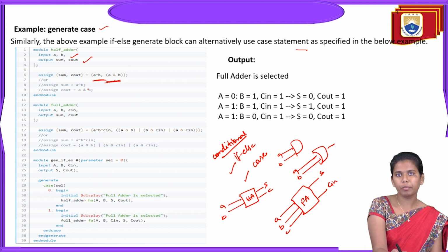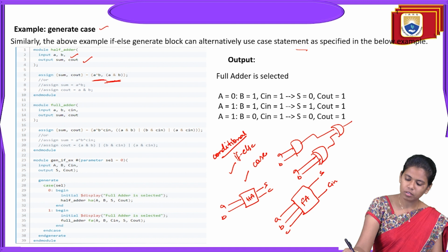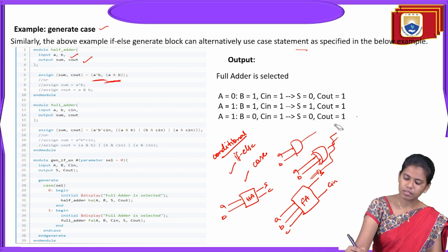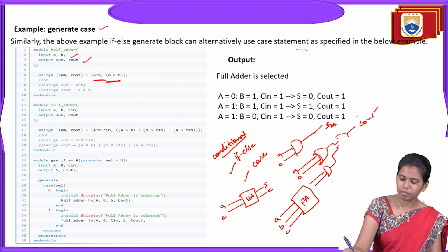Assign sum as A XOR B, and this is A AND B, and this is OR. So here you will observe the sum, here you will observe one more gate, and here you will observe the carry. This is sum and the combination of one more AND gate. This is Cout, sum.